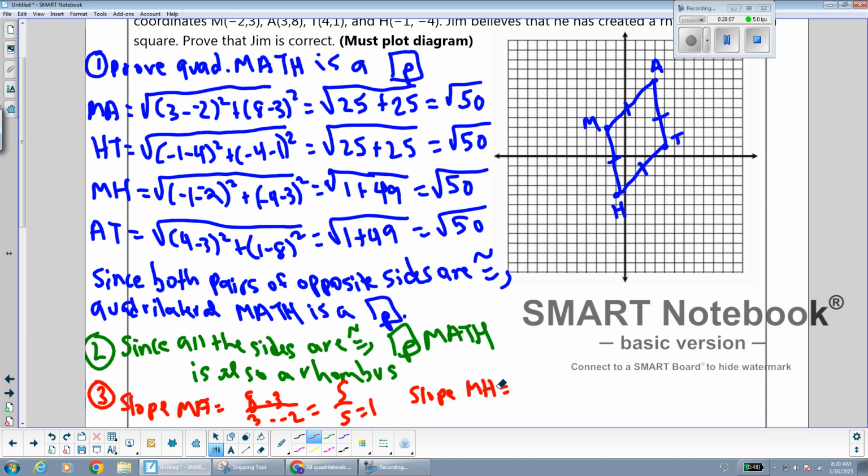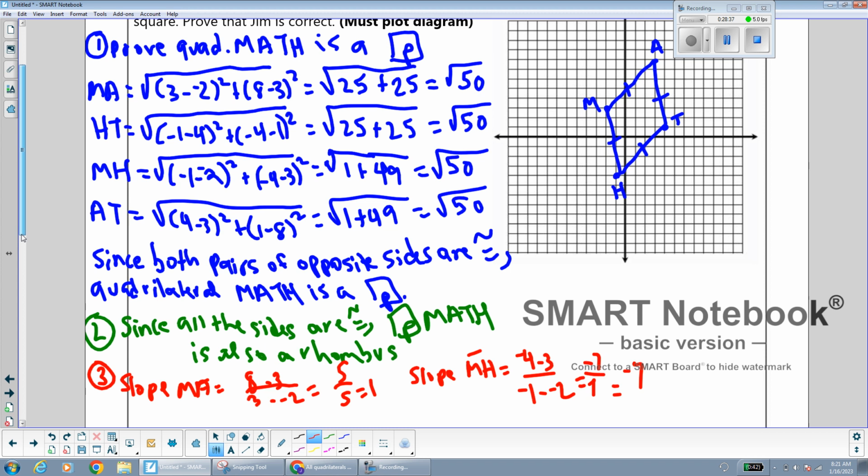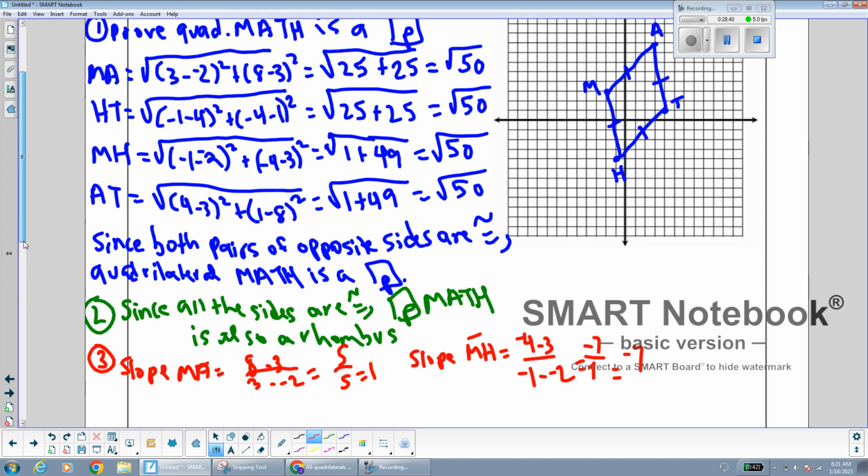So that is negative 4 minus 3 over negative 1 minus negative 2. Negative 7. And that's really negative 1 plus 2, so that's 1. So that is negative 7. So there's no clear relationship between the slopes. There's no opposite reciprocals. So that means that the consecutive sides are not perpendicular, so there's no right angle there.